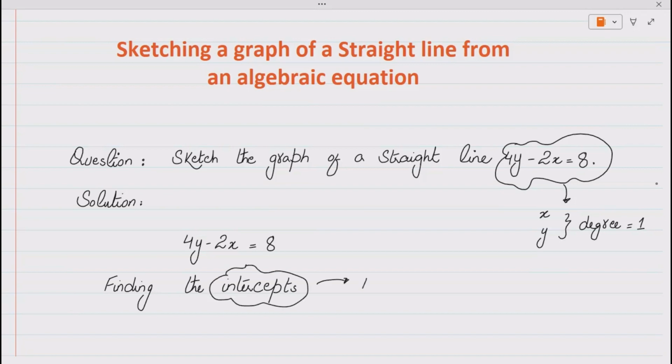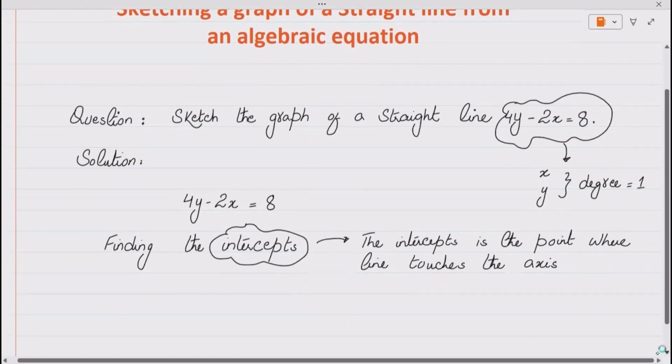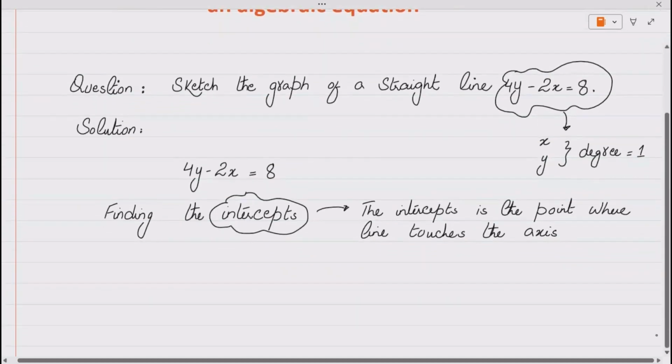So the intercept is the point where the line touches the axis. So we know that in a two-dimensional graph, we have two axes, the x-axis and the y-axis.